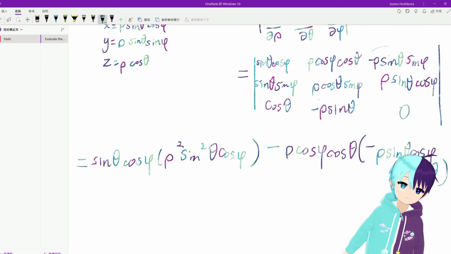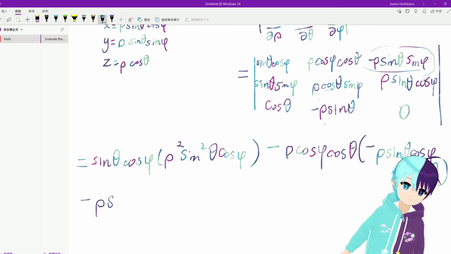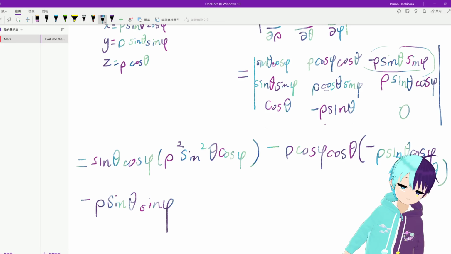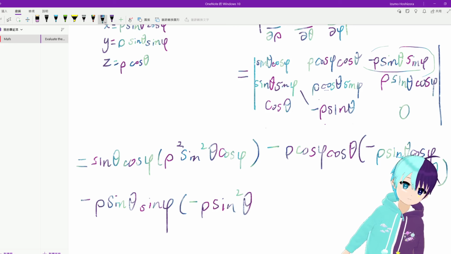And then for the last term, it will be the determinant of these four, so plus minus rho sine theta sine phi, and then be minus rho sine squared theta sine phi minus rho cosine squared theta sine phi.